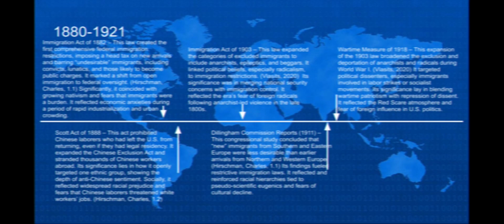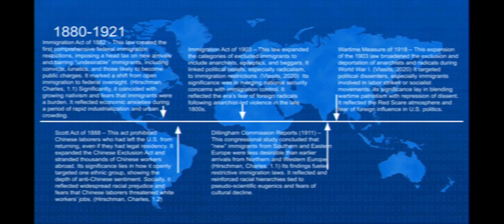For the time period of 1880 to 1921, I chose the Immigration Act of 1882, and this law created the first comprehensive federal immigration restrictions. It imposed a head tax on new arrivals to America, and also barred undesirable immigrants, including convicts, lunatics, and those likely to become public charges.